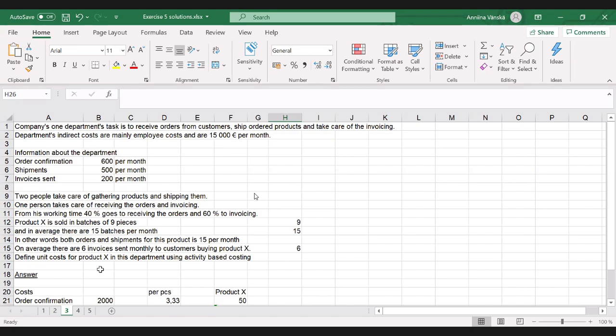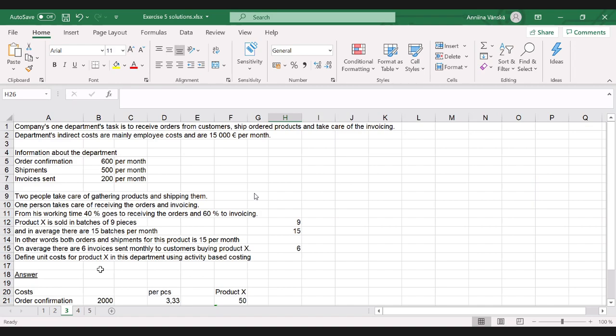Then we also have information that they will receive each month 600 order confirmations, 500 shipments and 200 invoices.